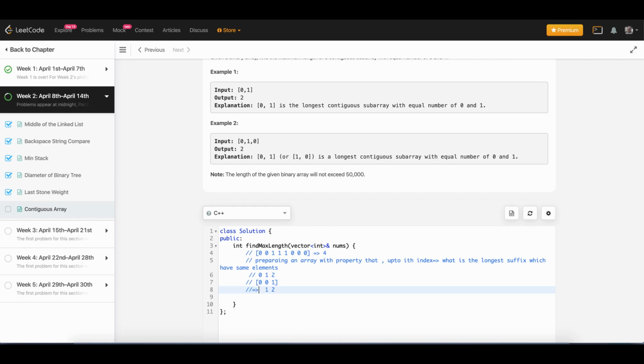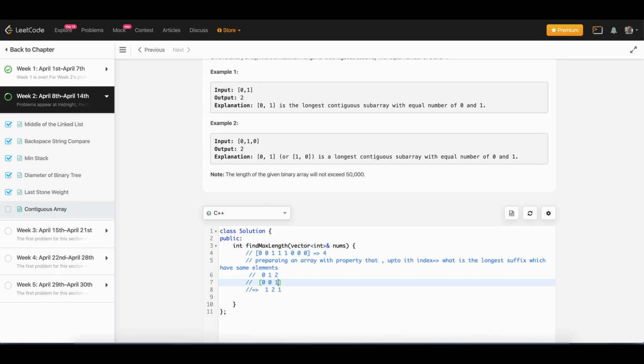Up to the 2nd index, the longest subarray ending at it with the same value is 1.